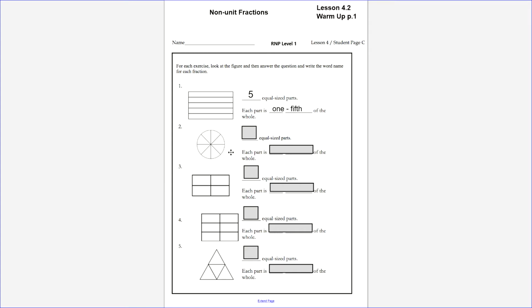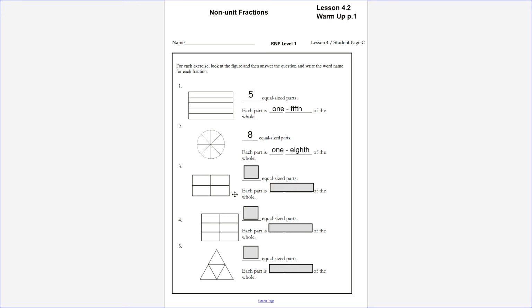Look at figure 2. How many equal-sized parts is the unit broken into? This unit is broken into 8 equal-sized parts. So what would we call the unit fraction, or one of the equal-sized parts? Yes, we would call each part 1/8 of the whole unit.